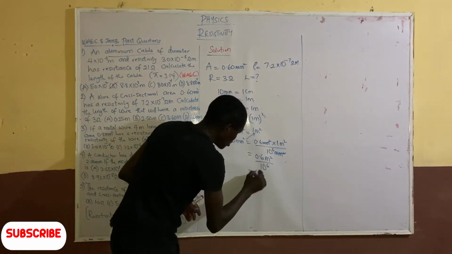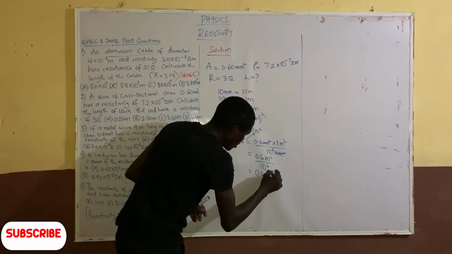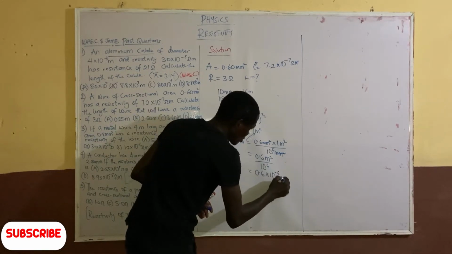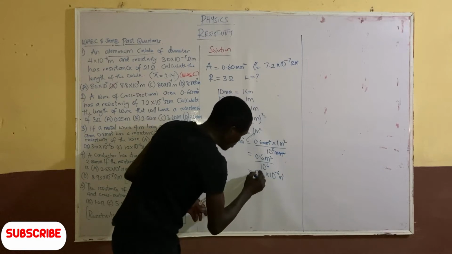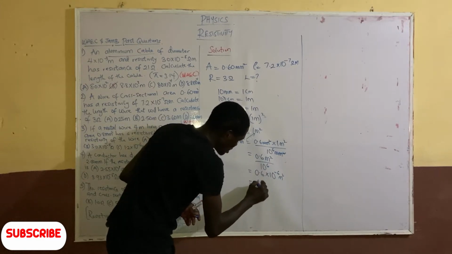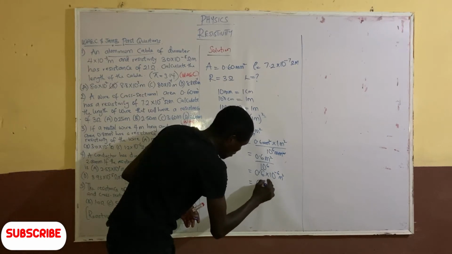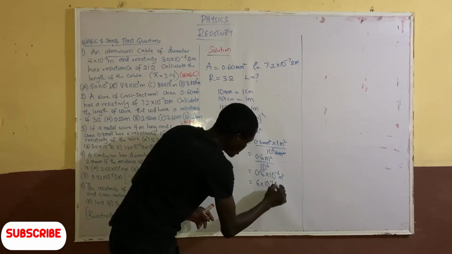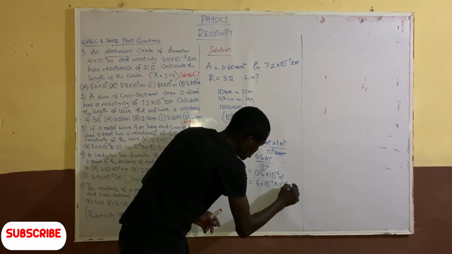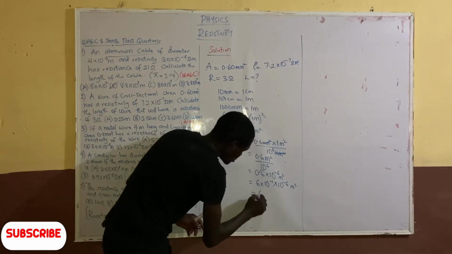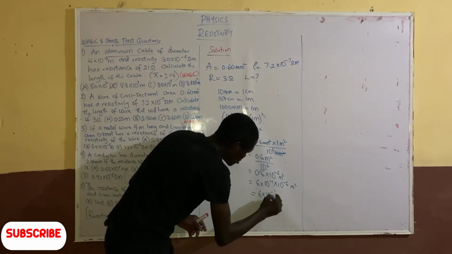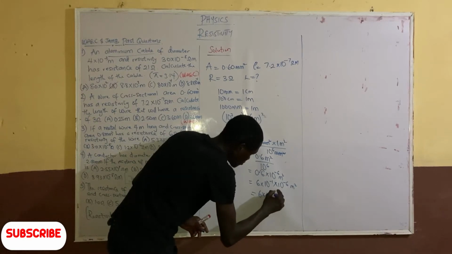It means 0.6 times 10 raised to the power minus 6 meter square. When you take it to standard form, 0.6 becomes 6 times 10 raised to the power minus 1, because the decimal moves one place forward, times 10 raised to the power minus 6 meter square. So we have 6 times 10 raised to the power minus 7 meter square.